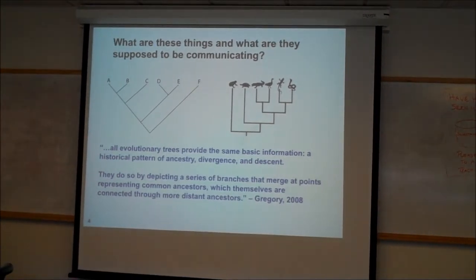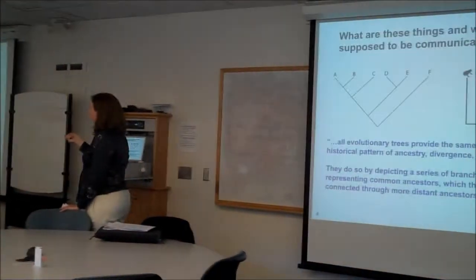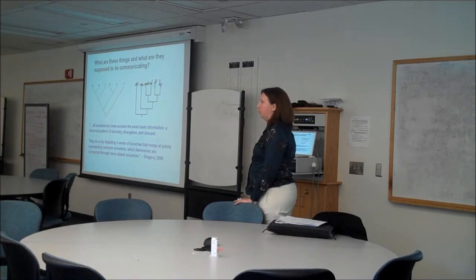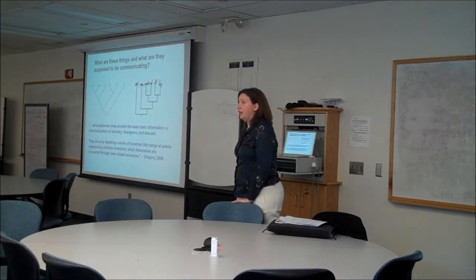So here's a merging point, here's a merging point, that represent common ancestors, which themselves are connected through more distant common ancestors. So this is representing a hypothetical ancestor of these two groups. This is representing a hypothetical ancestor of these two groups. And then this divergent point would be representing the ancestor of all of these groups with respect to a certain number of traits that we can measure in some way.